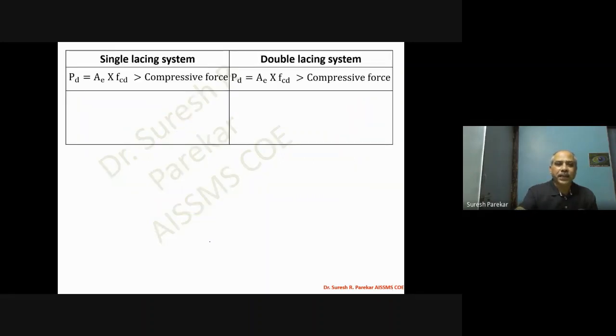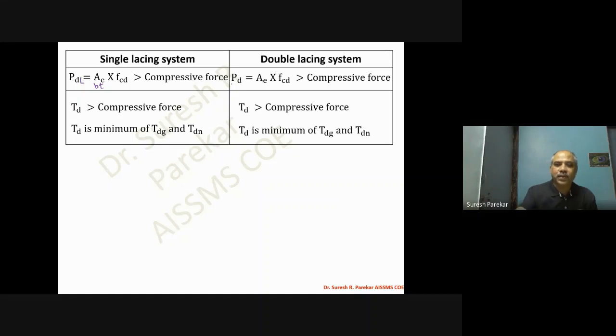Then we have to calculate PD for the lacing, that is AE into FCD, where the slenderness ratio we have calculated in the last step, and AE is B into T, that is width into thickness of the flat. In the same way we have to calculate TD also, and that TD is the minimum of TDG and TDN, and that should also be greater than the compression.